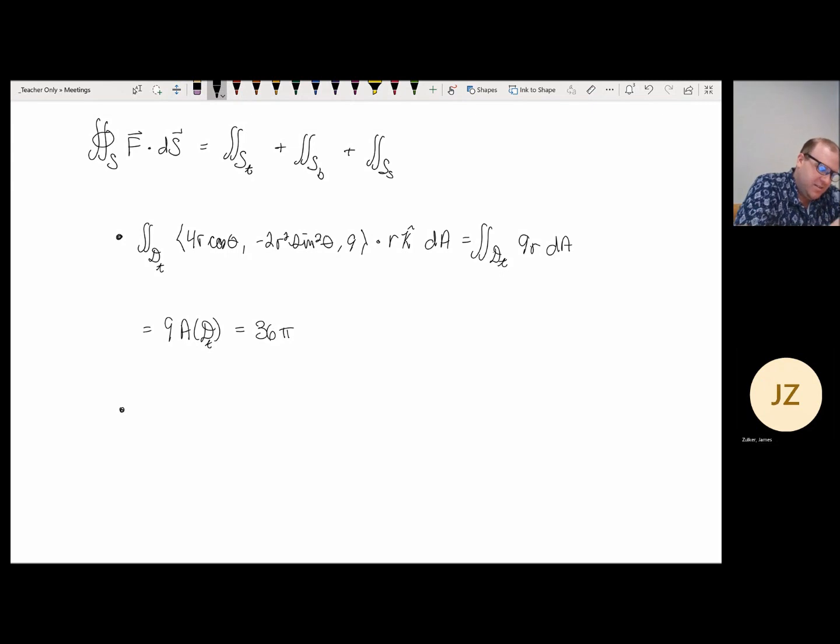Bottom surface. It's going to be the same thing, isn't it? Except that becomes 0. And this should require no work whatsoever.